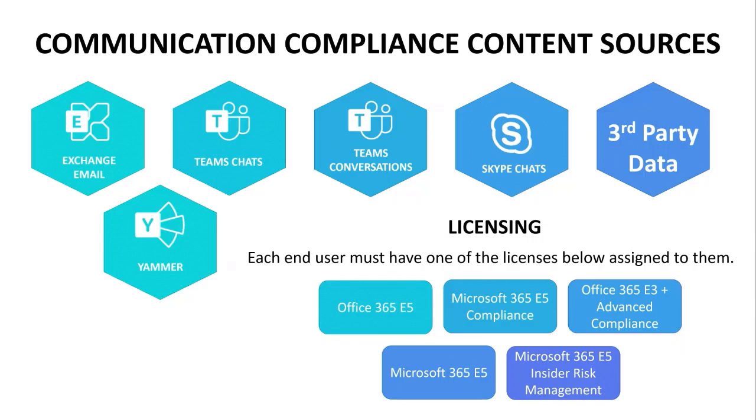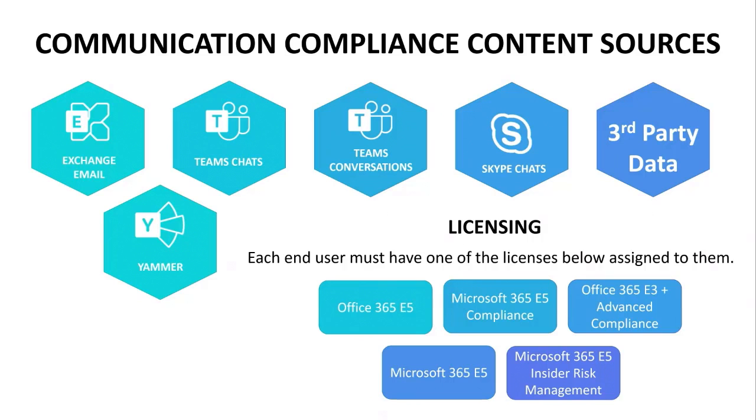Of course, you need to have the correct licensing in order to use this. Each end user that's being monitored needs to have one of the licenses below assigned to them. It is one of the advanced compliance features. It's not available with an E3, unfortunately, but you can purchase add-on packs, like just buying Insider Risk Management instead of having to buy everything in E5.